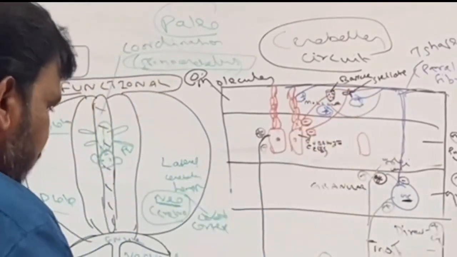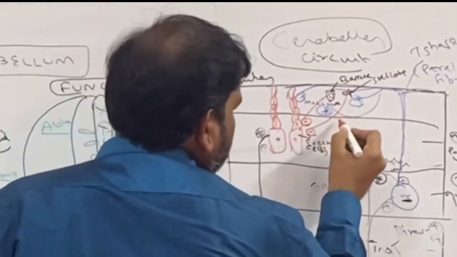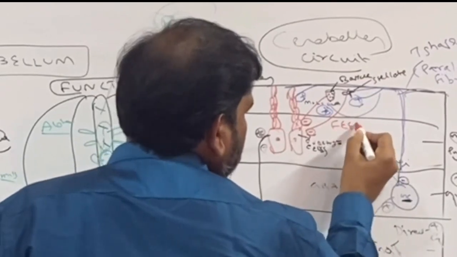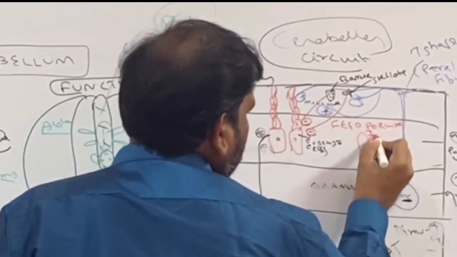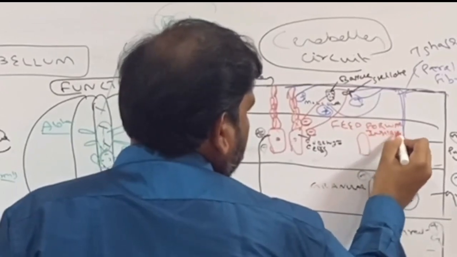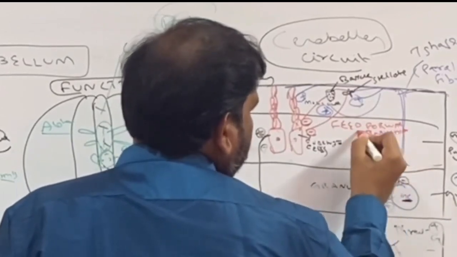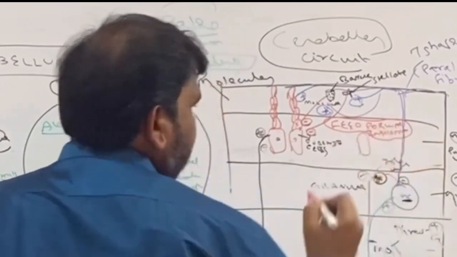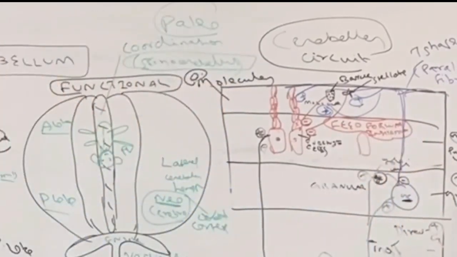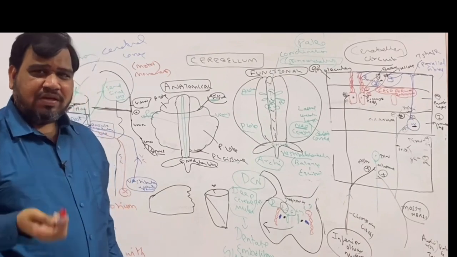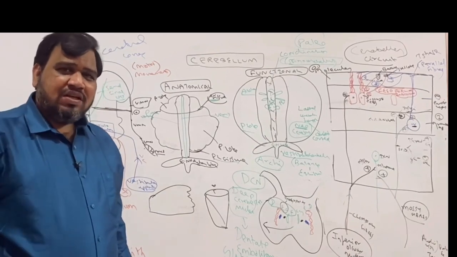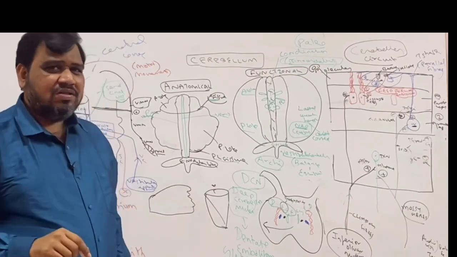So this is called, note it down please, feed forward inhibition. Feed forward inhibition is that the granule cells directly stimulate the Purkinje cell, but through the basket cell and stellate cells, they inhibit the Purkinje cells.